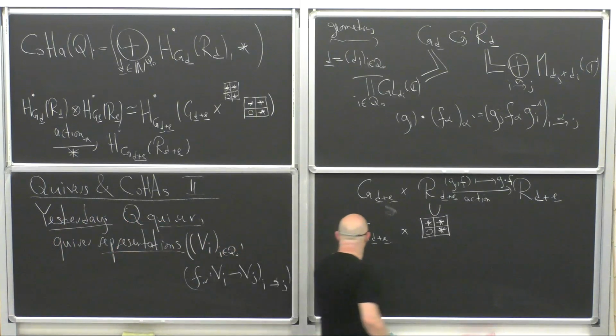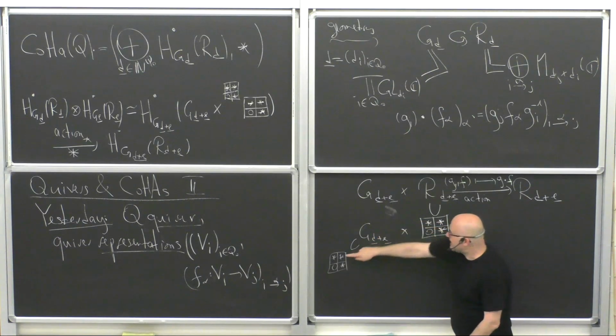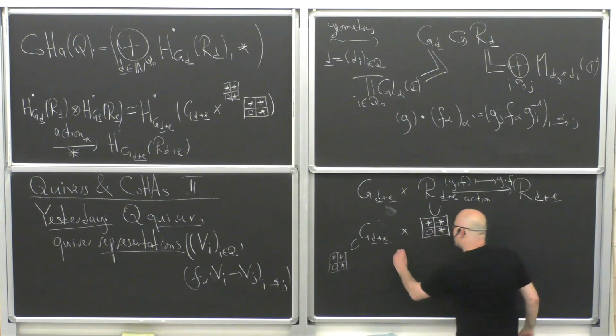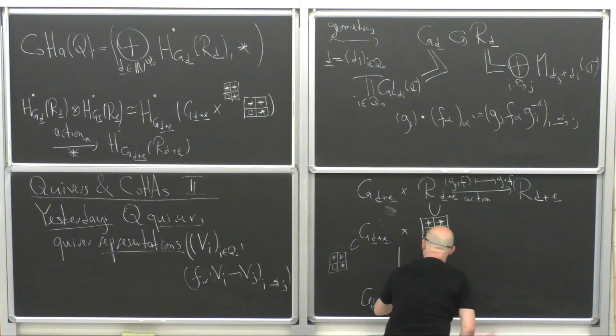Okay, so this thing acts diagonally or anti-diagonally. It acts on the right on G and on the left on here. So we can form the quotient by this subgroup, GD plus E, cross this subgroup.